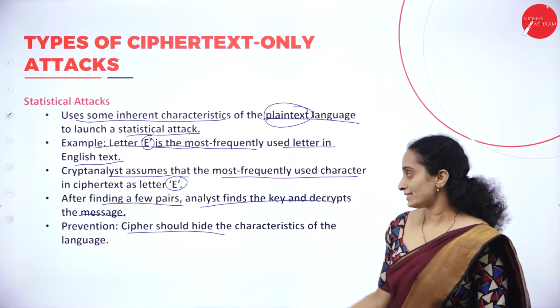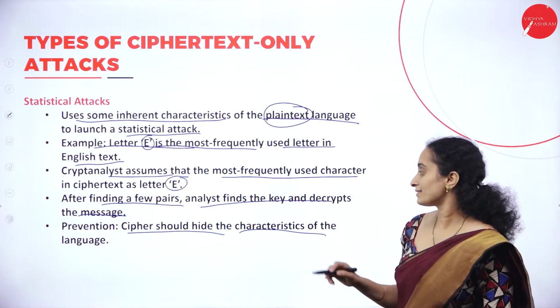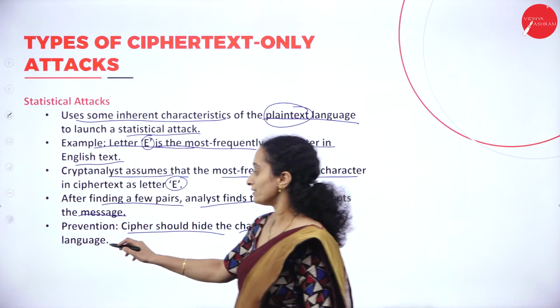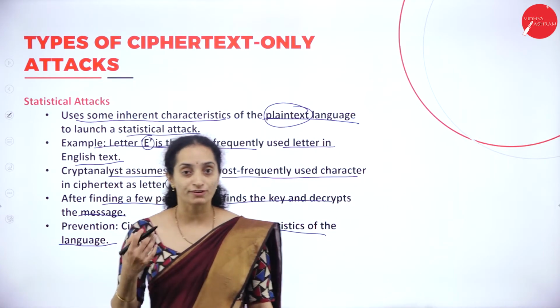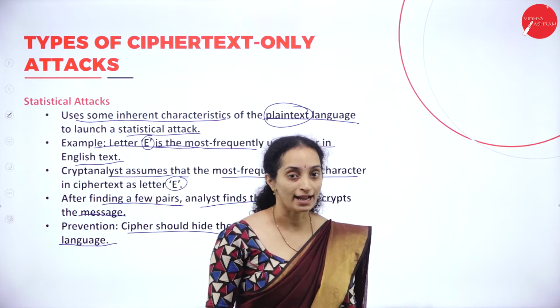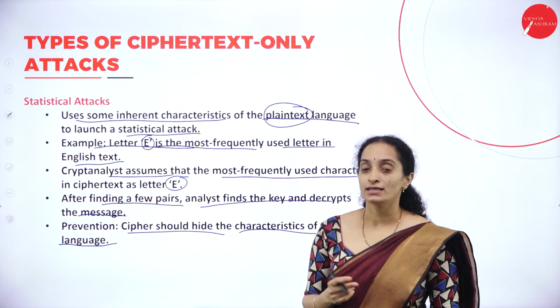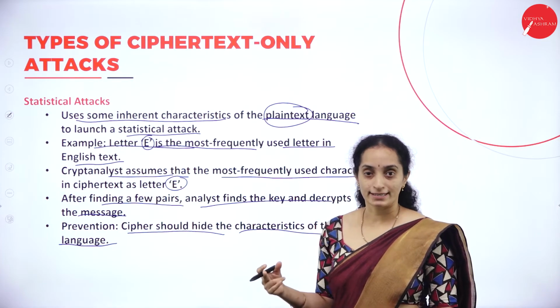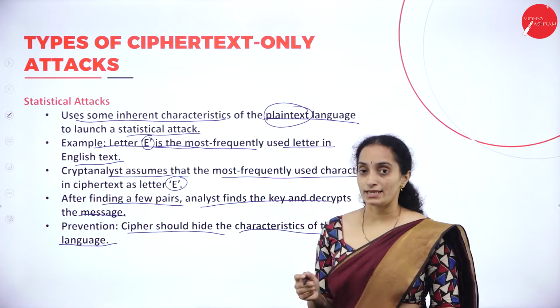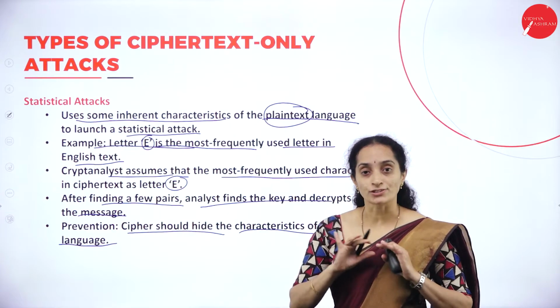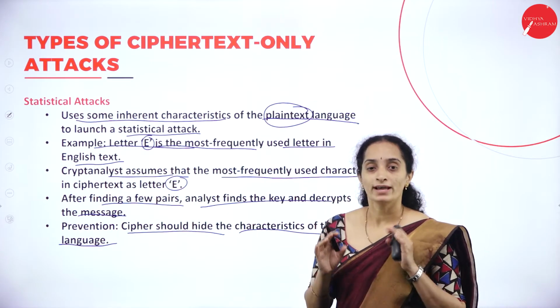The ciphertext should hide the characteristics of the language. If the message is in a different language, you must hide the repeating characters, or the repeating letters, or you must change or hide the natural characteristics of a language.